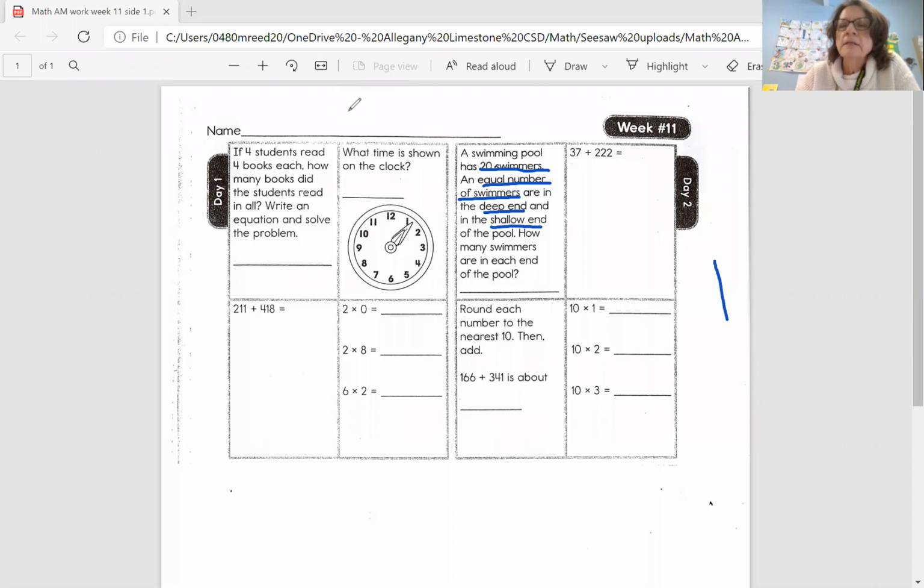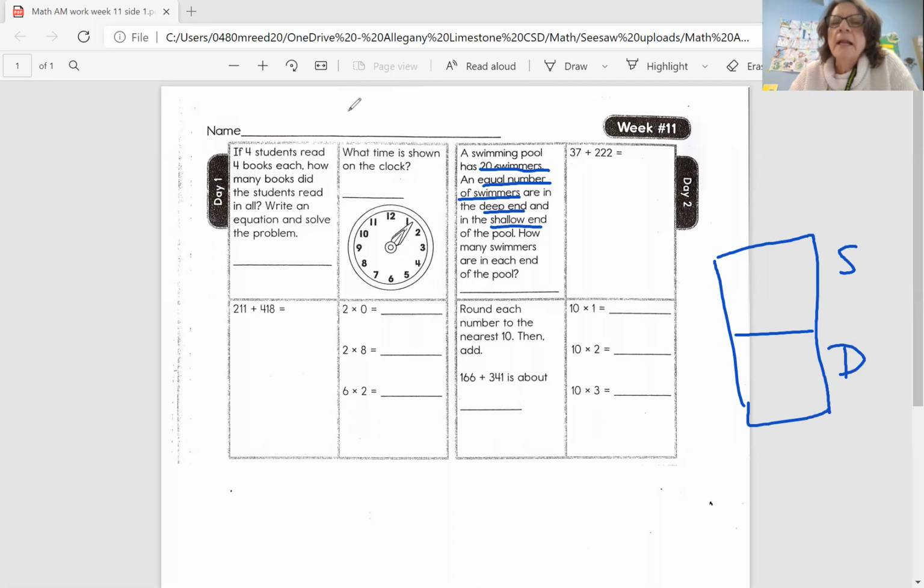So I'm going to do this. I'm going to draw a swimming pool, and I'm going to divide it right here. And I'm going to make this be the shallow end and this be the deep end. And I know there's a total of 20 swimmers in there. So one thing I can simply do is do fair share. And I can put my swimmers back and forth so there's an equal number in both ends of the pool. And I divide it up until I get to 20.